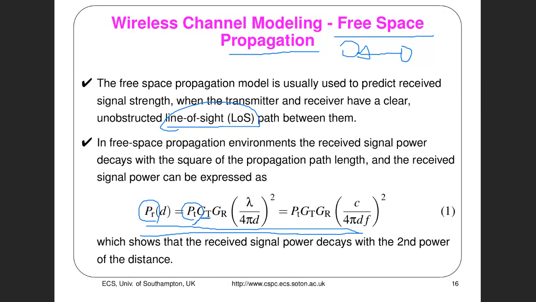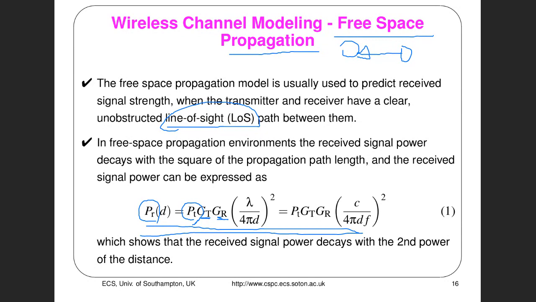GT is the antenna gain of the transmitter. GR is the antenna gain of the receiver. So antenna gains are fixed once your antenna is manufactured. So it comes with your product specification. When you have a mobile phone, it's already manufactured, so it always has a fixed value for antenna gain.